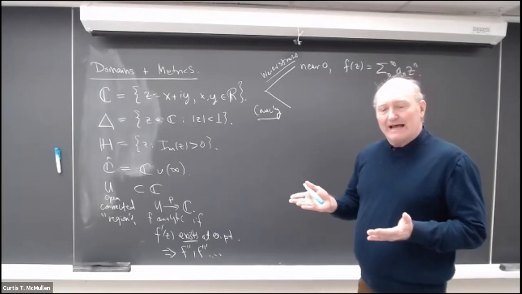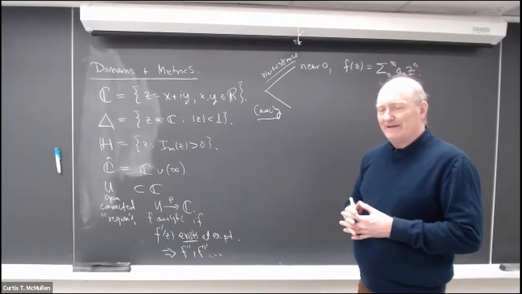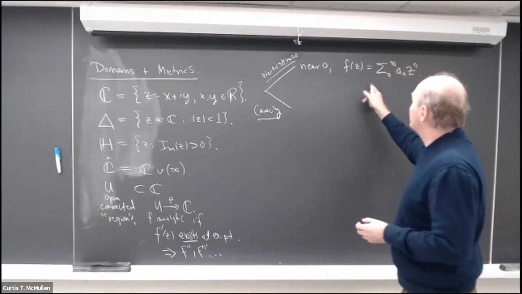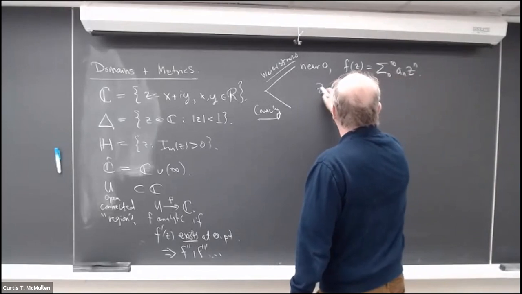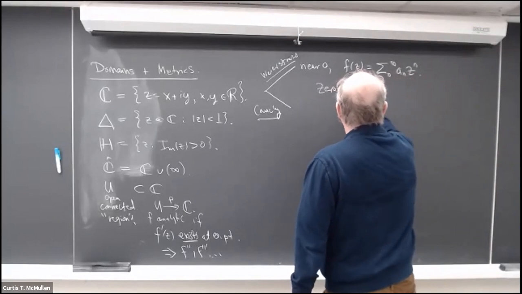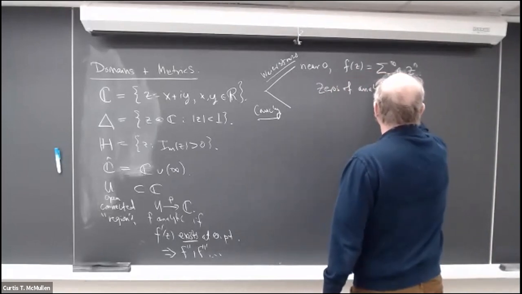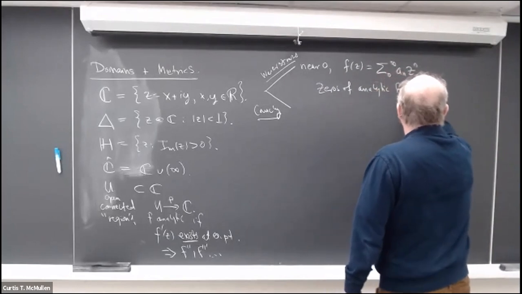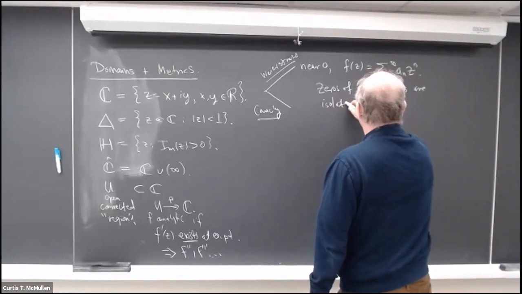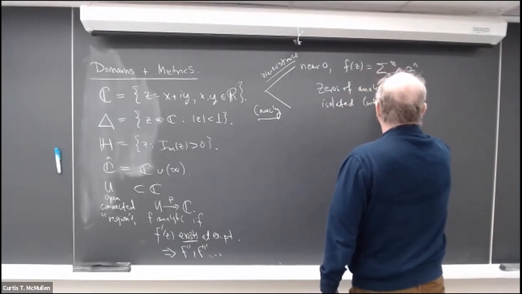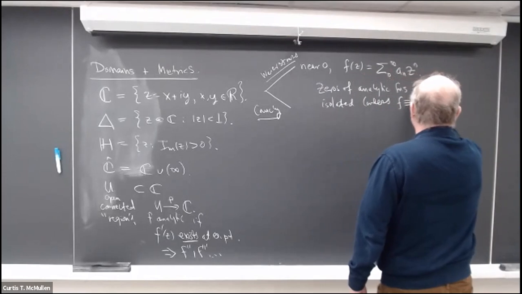Now, let me give you an example of something that you can prove using this perspective. The zeros of analytic functions are isolated, unless your function f is identically equal to 0.